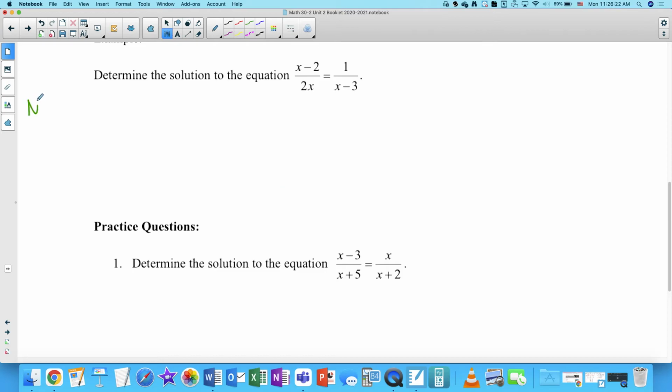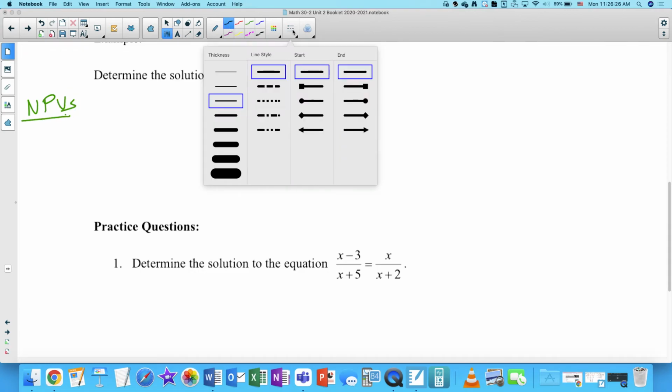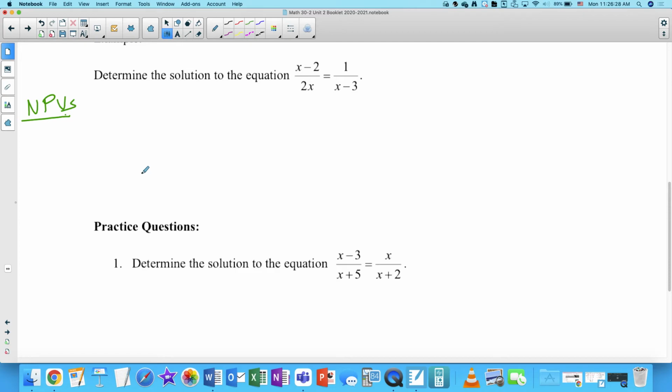What are my non-permissible values? From the first denominator of 2x, 0, right? And from the second denominator, 3. Correct. Okay. So those are my non-permissible values. What is my LCD?